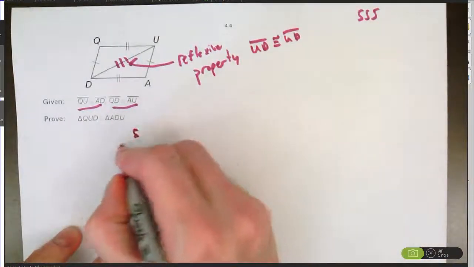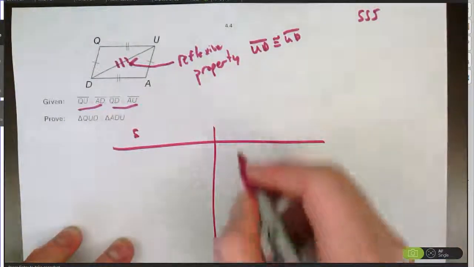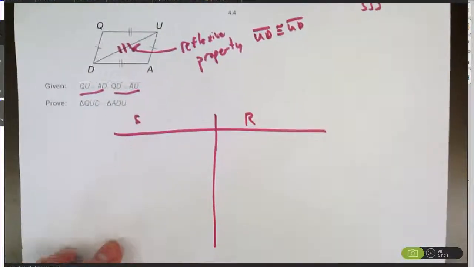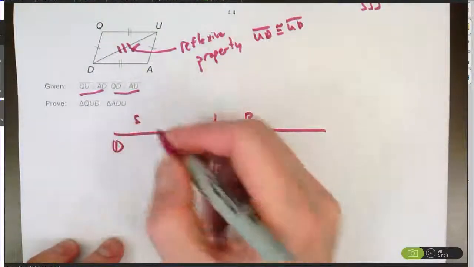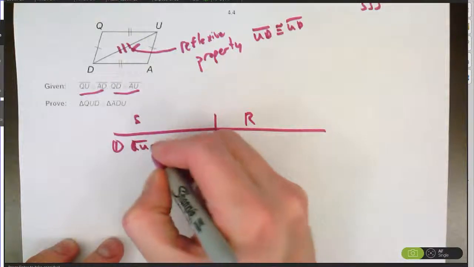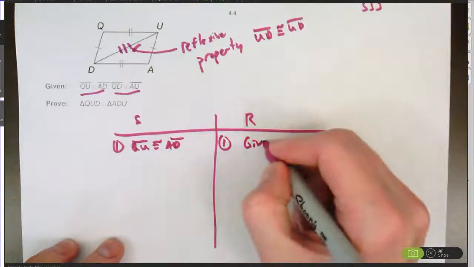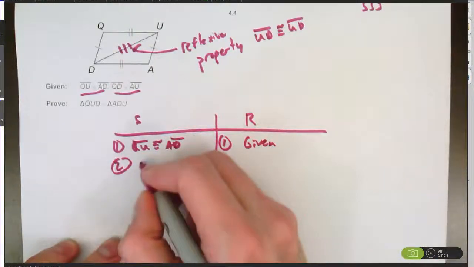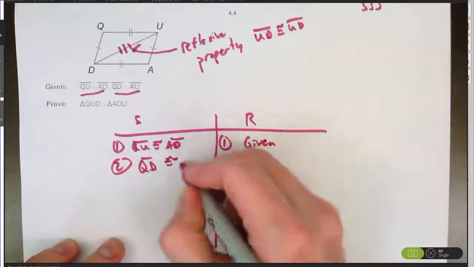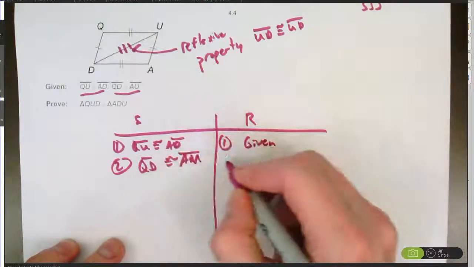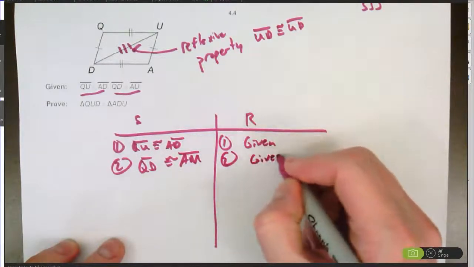Whenever I do these proofs in class, a lot of times I split up the given. QU is congruent to AD, given. 2, QD is congruent to AU, given. And here's why.